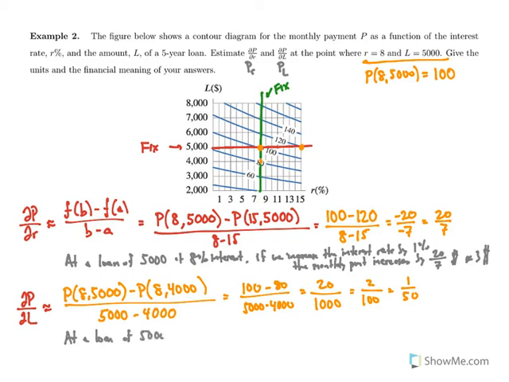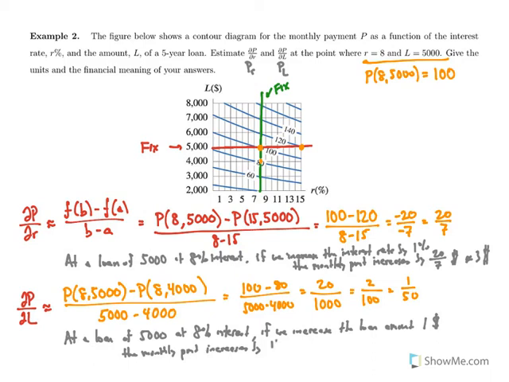And for the other derivative, we have at the same starting point, so at a loan of $5,000 at 8% interest, if we increase the loan amount $1, the monthly payment increases by 1/50th of a dollar.